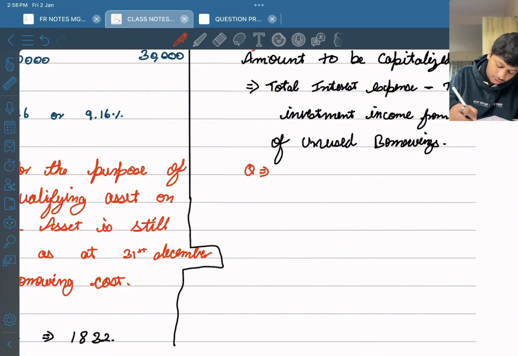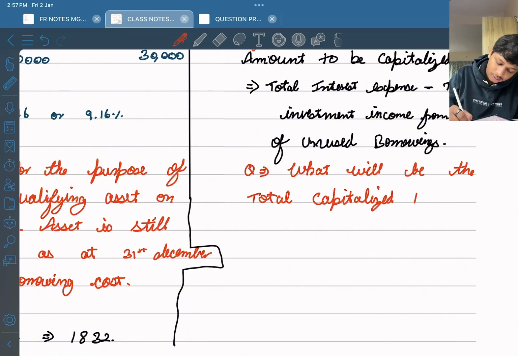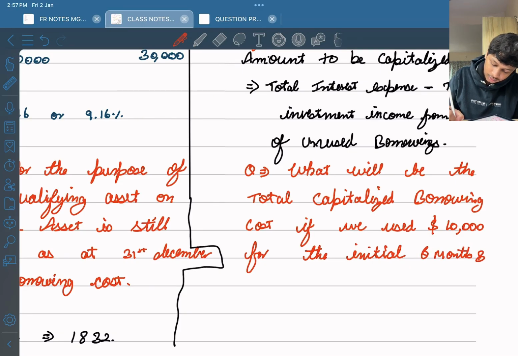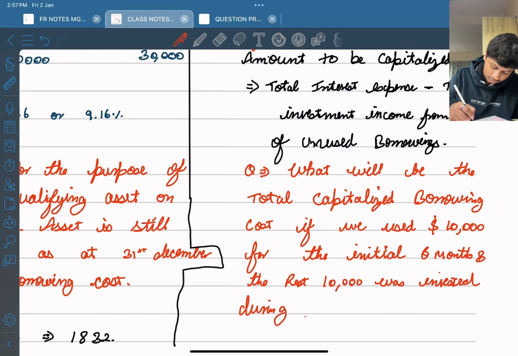Question is: what will be the total capitalized borrowing cost if we used $10,000 for the initial 6 months and the rest, 10,000, was invested during this period at the rate of 6%.